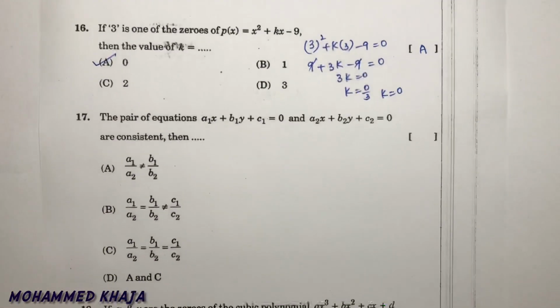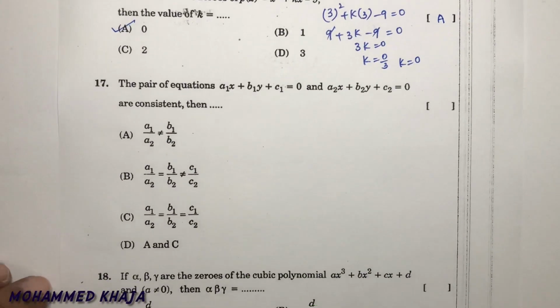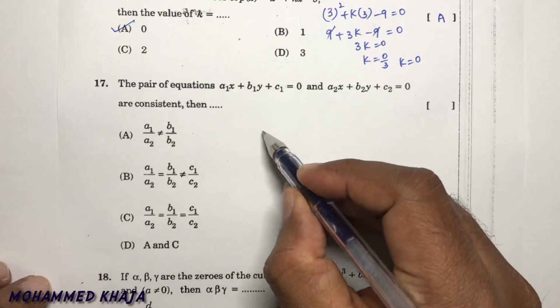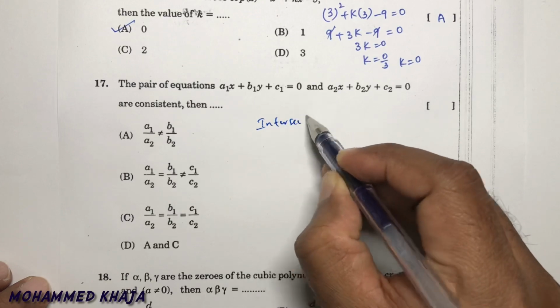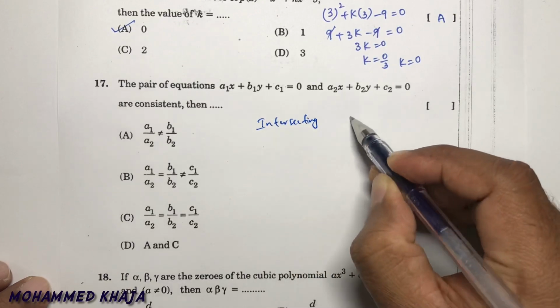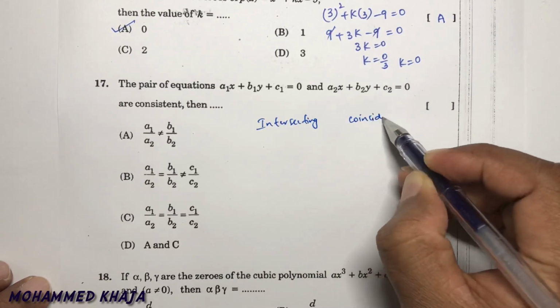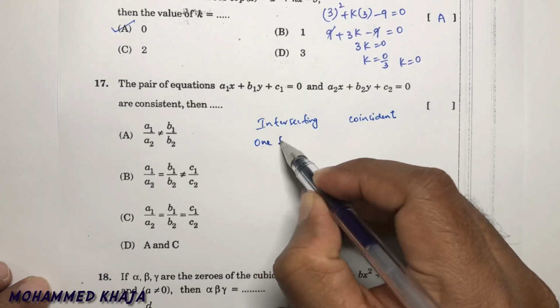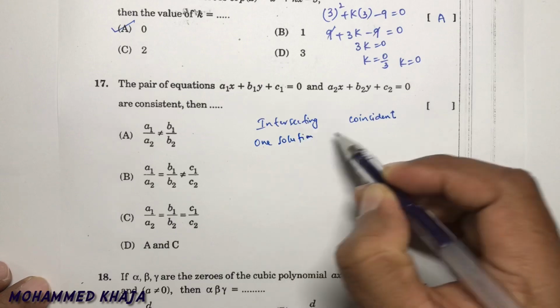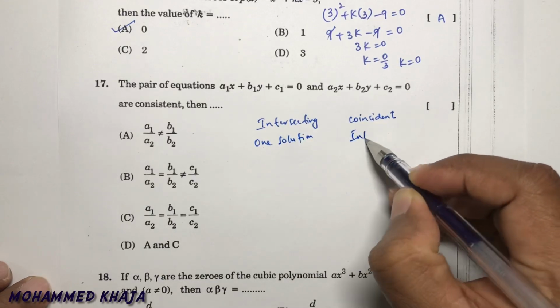Next one, pair of lines consistent. See, consistent means intersecting lines and coincident lines, because for these two we'll get a solution. For intersecting lines you will get one solution, and for coincident lines you will get infinitely many solutions.